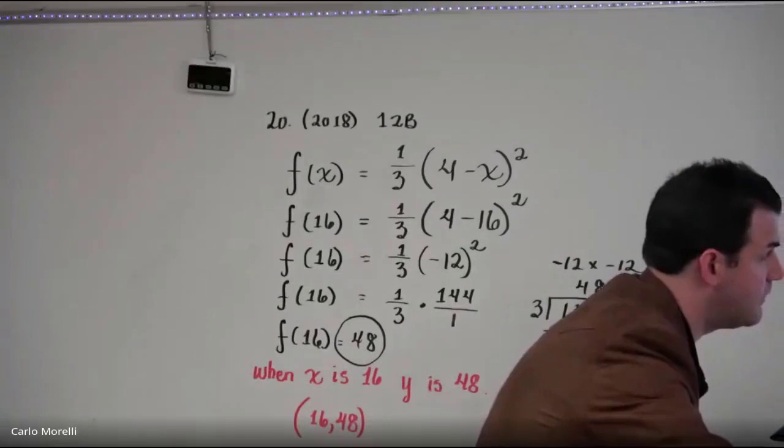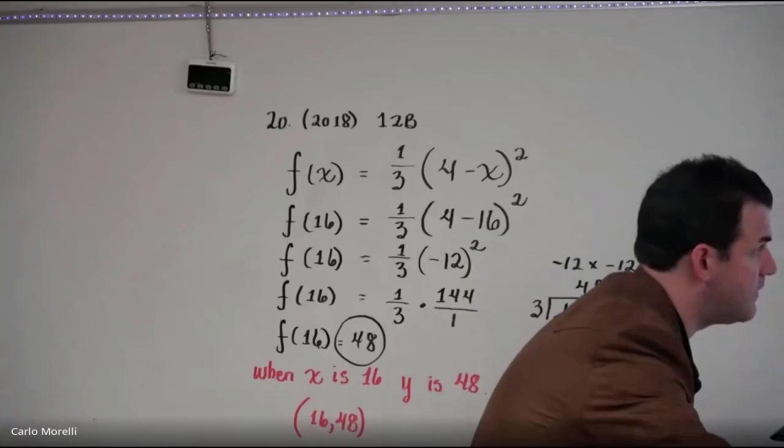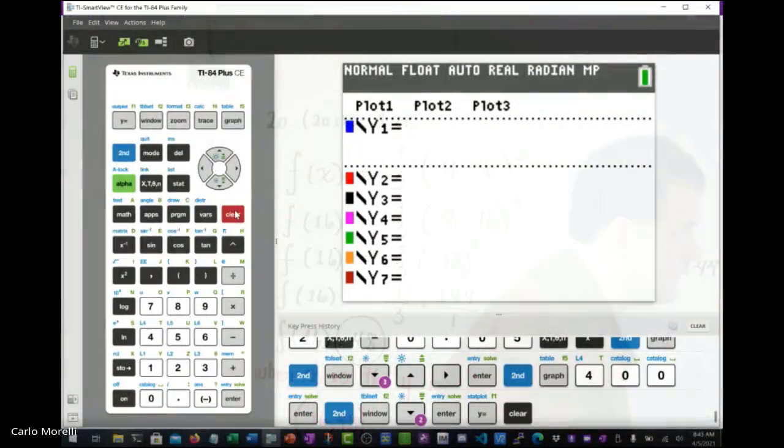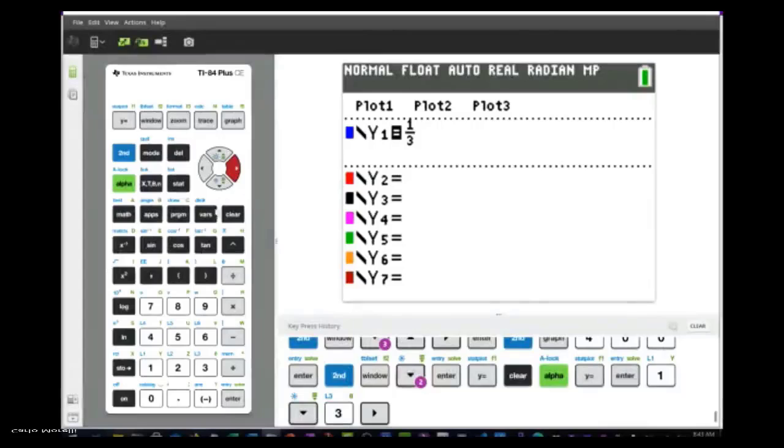So I'm going to type 1/3. To get that fraction, you hit alpha y equals enter. Then you put 1/3, right arrow, open parentheses 4 minus x, close parentheses, squared.